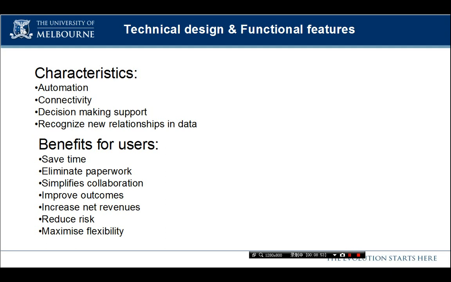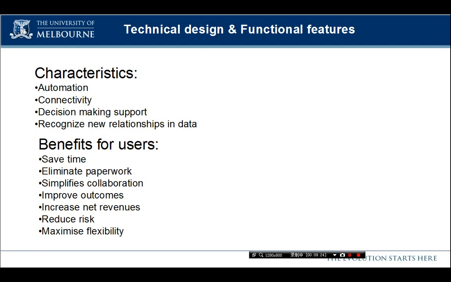About the decision-making support, the doctors, nurses, and care team professionals will get the record after the treatment. So they may change the plan to provide a good plan for the patients. So this is decision-making support.